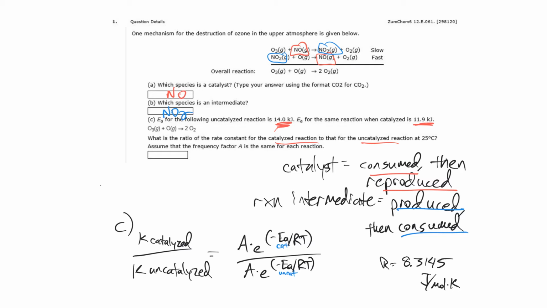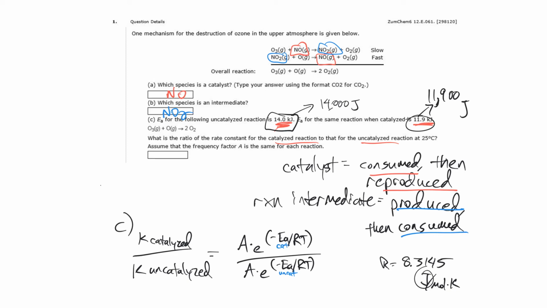The activation energy has to match at least the energy unit. So they provide us 14 kilojoules for the uncatalyzed reaction. We have to convert that to 14,000 joules, just so the units of R and the activation energy agree. You could convert R into kilojoules if you wanted, but I think it's easier to do it this way. And then for the catalyzed reaction, it's 11,900.